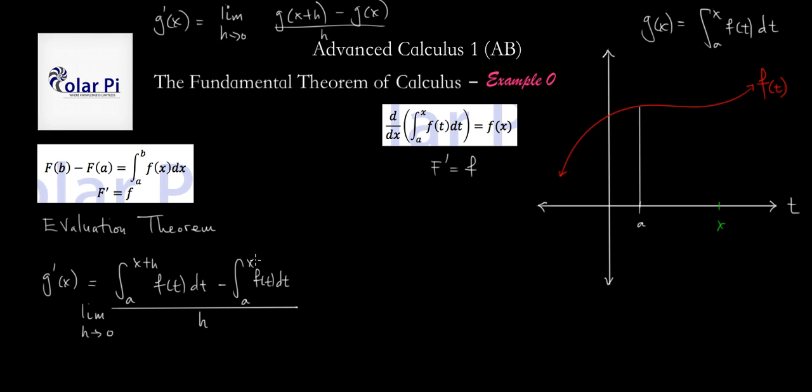So then the integral from a to x of f of t dt is fairly straightforward. That there has got to be the area bounded by the x-axis, the red curve f of t, and then the two vertical lines t equals a and t equals x. So it's this area here. That's this part, right? Cool.